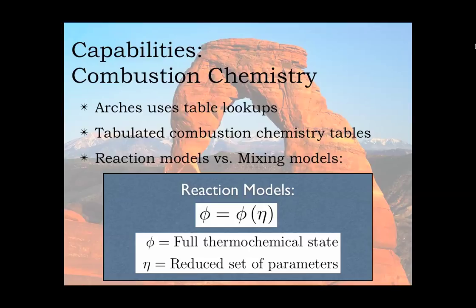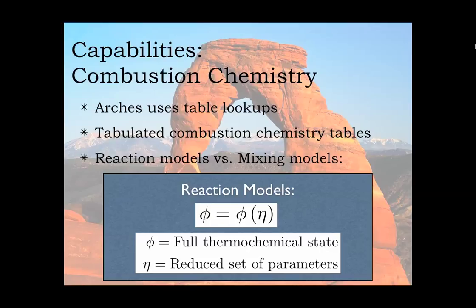So we can use this reduced set of parameters, and based on those, we can assume that there's one single thermochemical state described by the particular values of eta. In other words, we create a map from eta to phi.